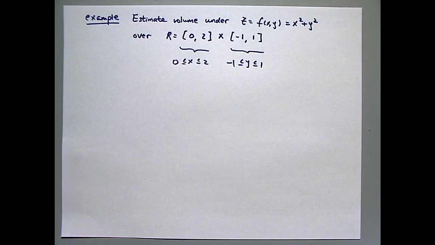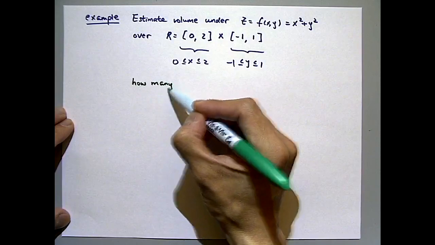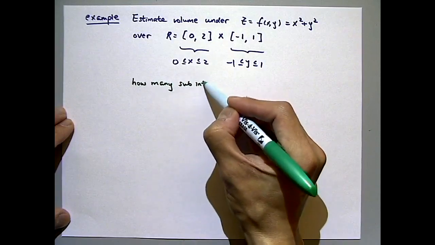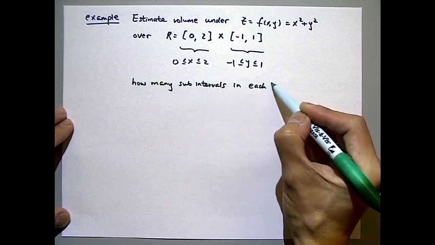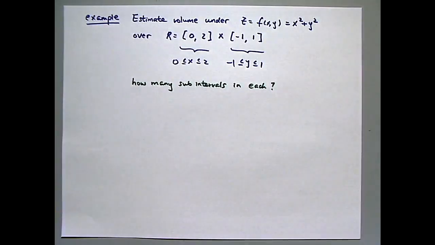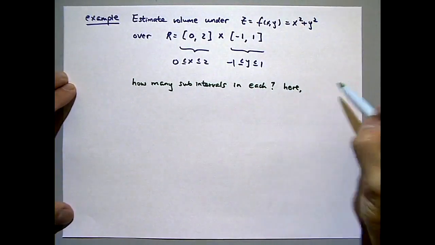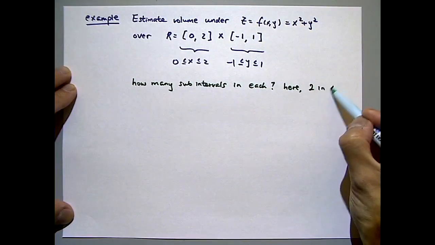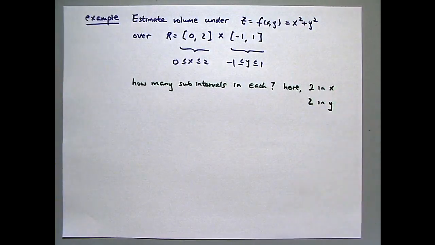All right, so now we're going to make a choice. How many subintervals in each direction? So here's a choice you have to make. I'm going to just make it simple. Use 2 subintervals each. I'll use 2 in the x direction and 2 in the y direction.